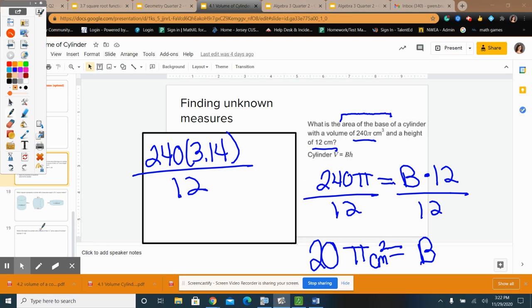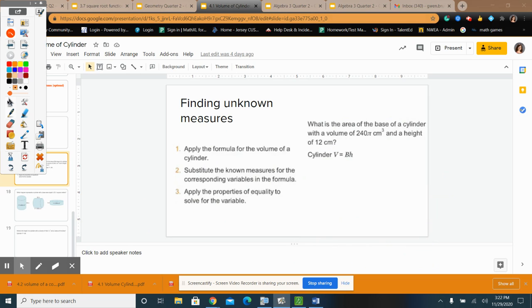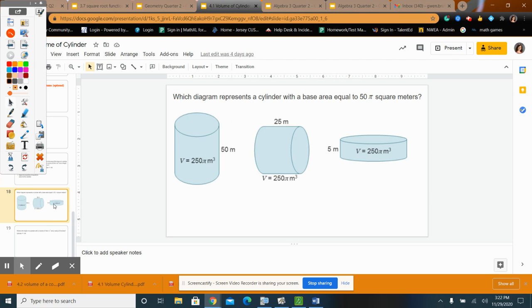There's nothing wrong with that. Our answer that way would be 62.8, and we're talking about centimeters squared. And I bet some of you would realize that would be the same thing as if I just took 20 times 3.14 that I did the other way. Okay, so you have some options here, and sometimes you guys get a little nervous when there's options because you just want the one way to do it. So if you have any questions, just make sure you ask one of us, and we'll make sure that you understand it a little bit better.